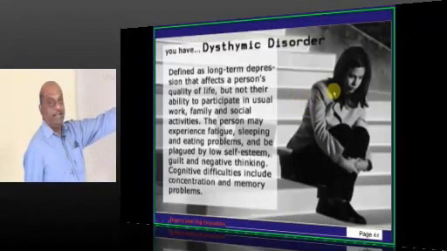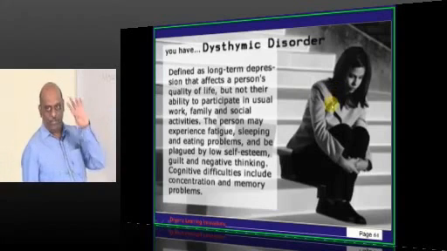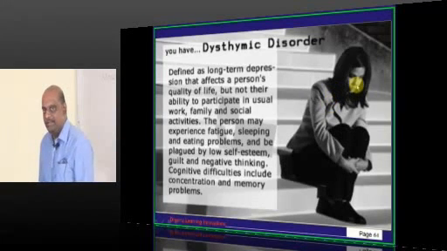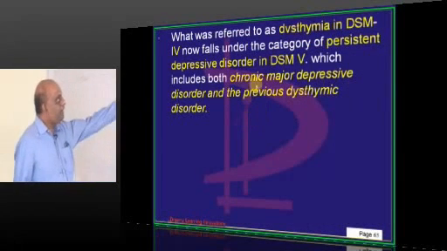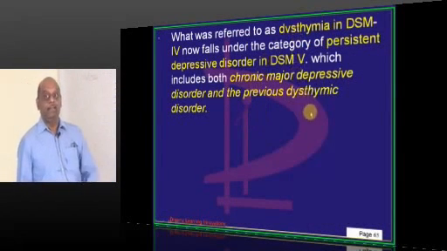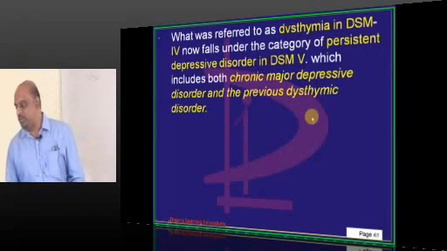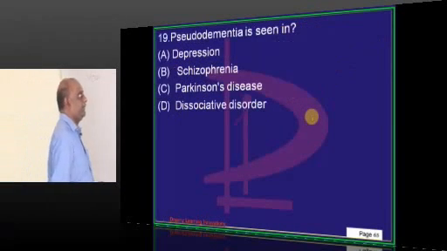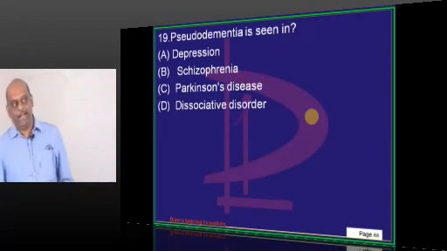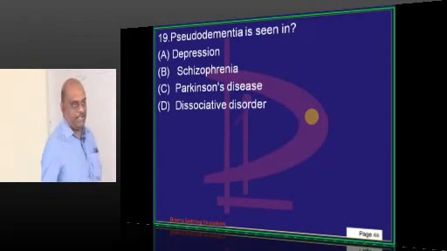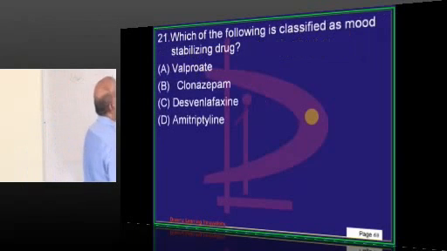The earlier dysthymic disorder, where for about 2 years the patient sits with the house locked up, has also been placed under persistent depressive disorder, is what you have to basically remember. So where do you see pseudo dementia? A depressed person forgets, and that is not a true dementia but a pseudo dementia.